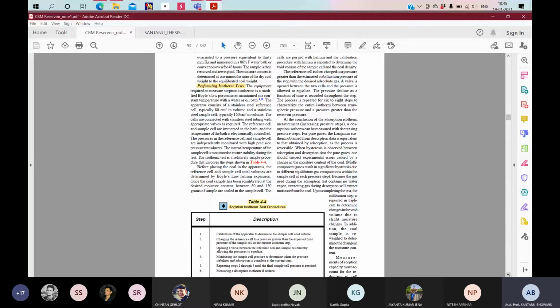So all are in uniform gaps. Then at each pressure injection, some amount of the gas will be stored. Some amount of gas, when you send it into the coal, will be in the free state, and some amount will be in the adsorbed state.